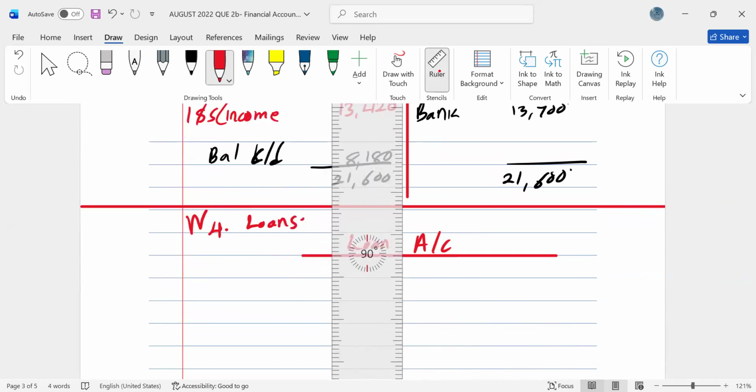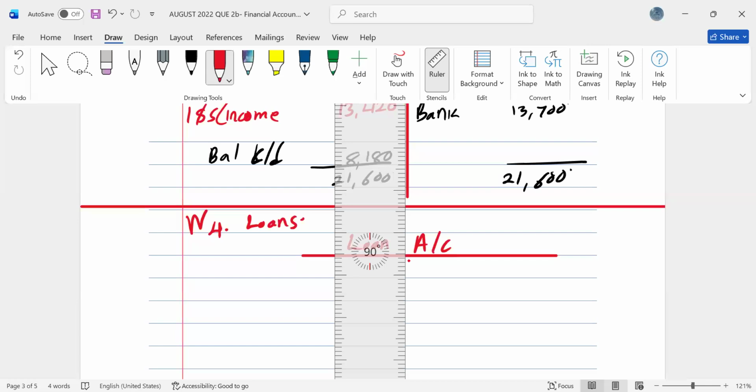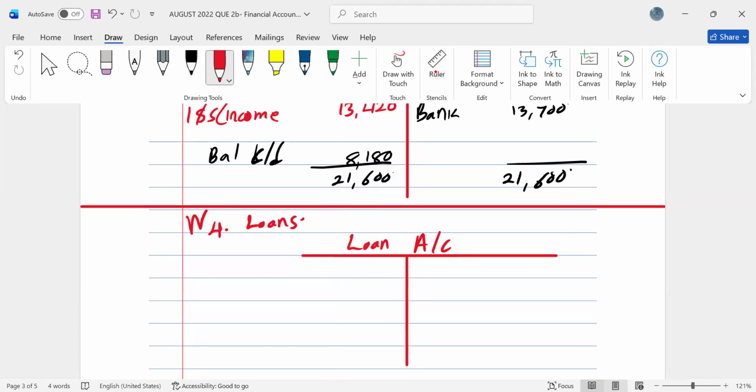A loan being a liability, it will have a credit balance, so you can have balance brought down.